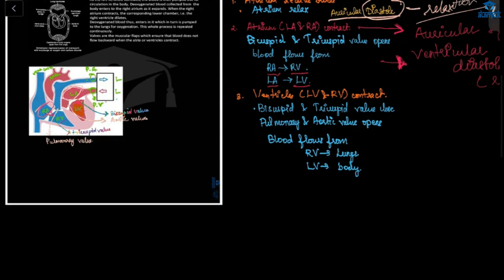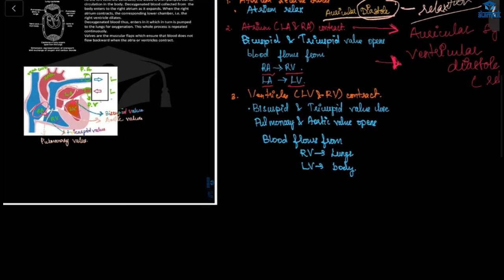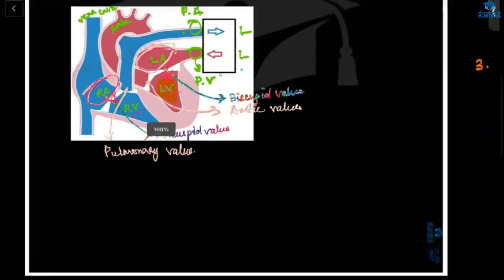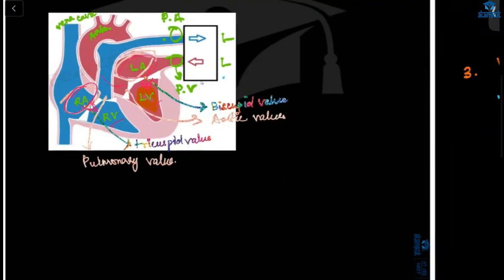After that, what will happen? The ventricles will contract, because from the left ventricle the blood should go to the aorta, and from the right ventricle the blood should go to the pulmonary artery. In this case the bicuspid valve and tricuspid valve will close, so the blood does not flow backward to the atrium. But the aortic valve and pulmonary valve will open.